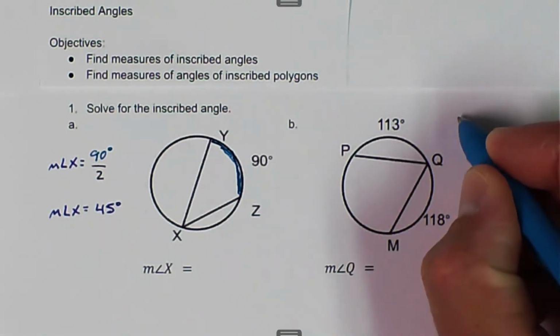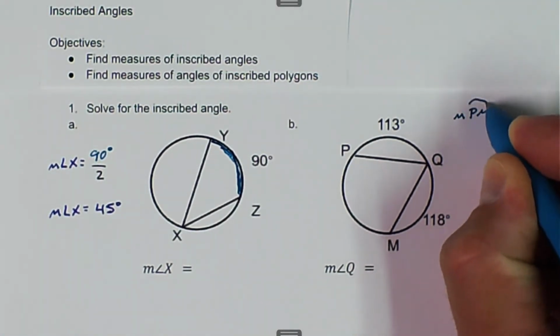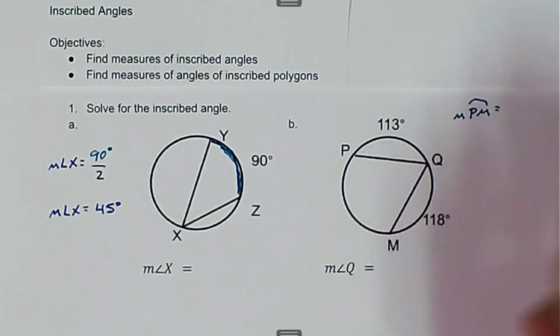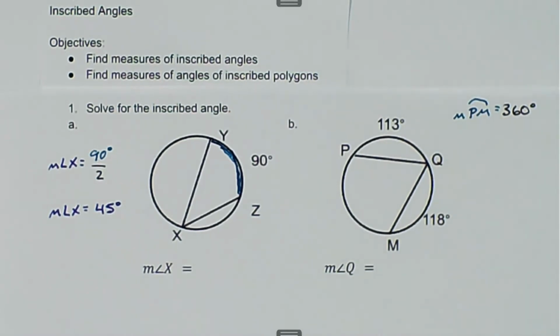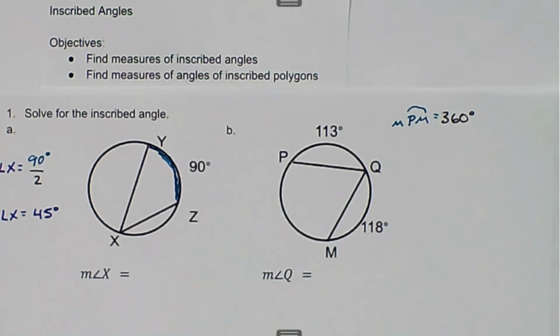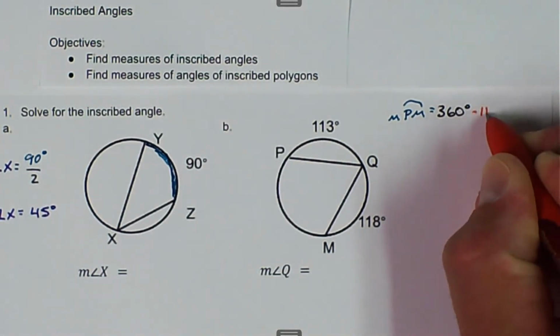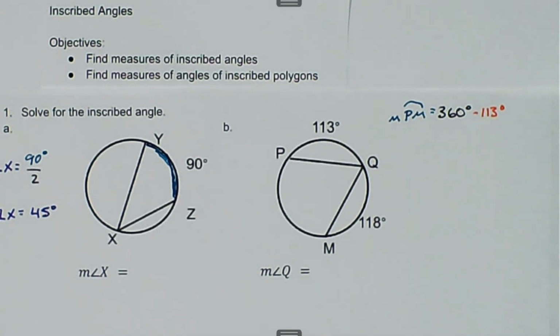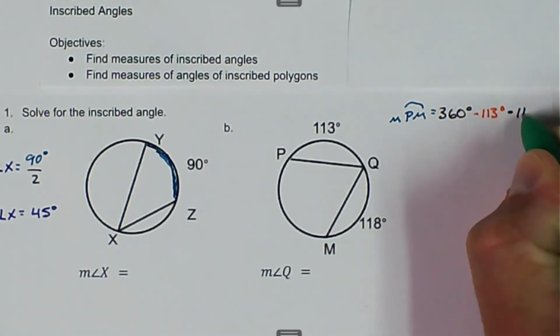So the measure of arc PM is going to be equal to, the full circle would be 360 degrees, and then we can subtract 113 degrees, and we can subtract 118 degrees.